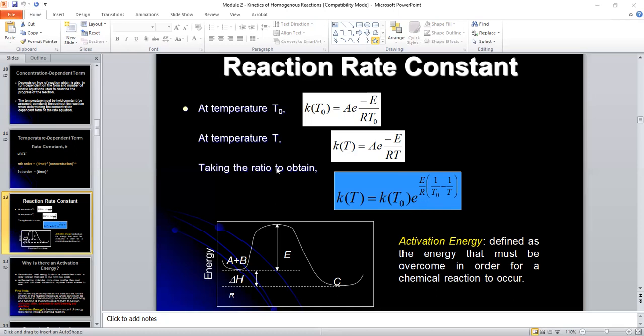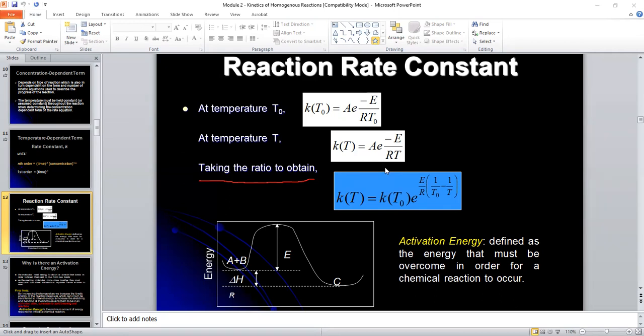Okay. Sige, I will explain to you. The blue equation that you are seeing here, it's stated here: taking the ratio to obtain. So coming from that, it says it took the ratio of these two.